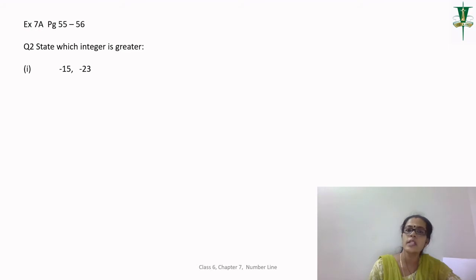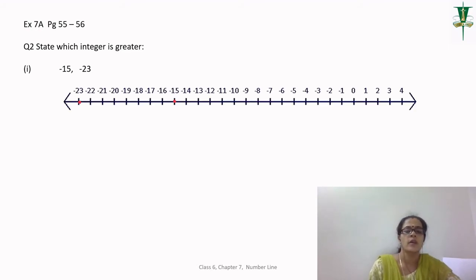Compare the two integers to decide which one is greater. Draw your number line and highlight the given numbers on the number line. -15 is here and -23 is here. The number to the right will be greater than the number to the left. So in this case, which is greater? Obviously, -15 is greater. So your answer will be -15 is greater than -23.